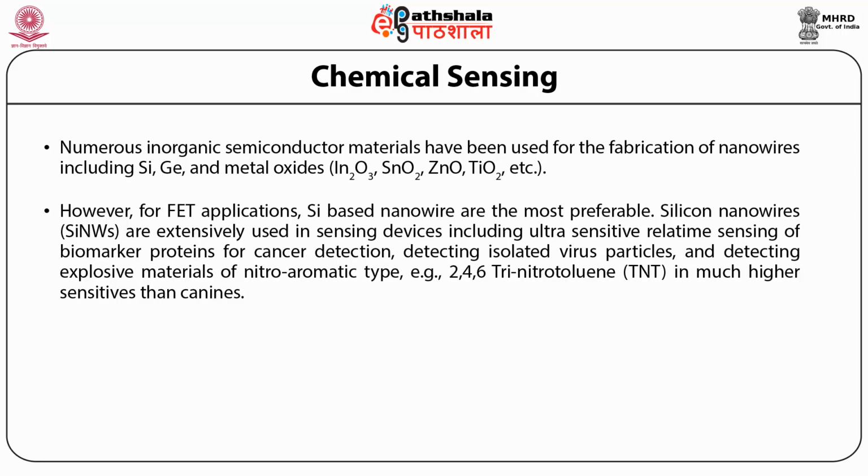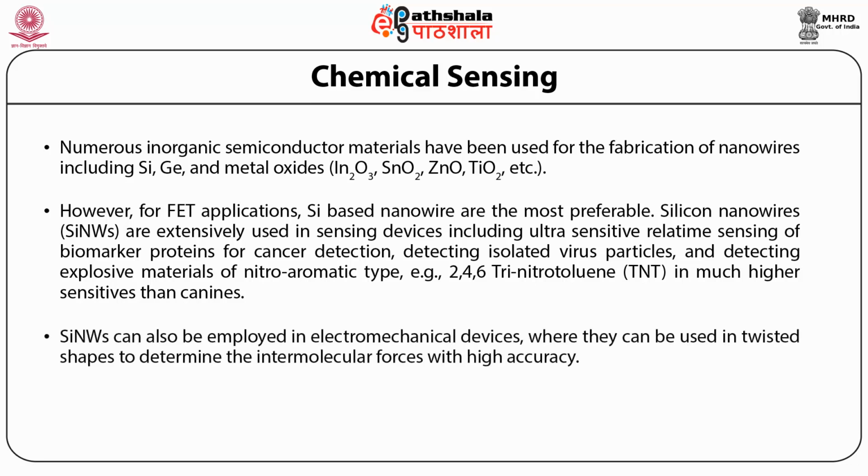Silicon nanowires are extensively used in sensing devices, including ultra sensitive real-time sensing of biomarker proteins for cancer detection, detecting isolated virus particles, and detecting explosive materials of the nitroaromatic type, for example, 2,4,6-trinitrotoluene, TNT, with much higher sensitivities than canines. Silicon nanowires can also be employed in electromechanical devices where they can be used in twisted shapes to determine the intermolecular forces with high accuracy.